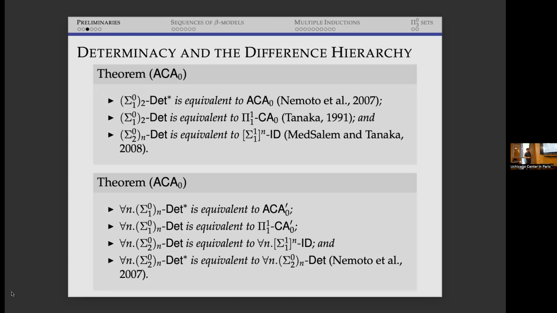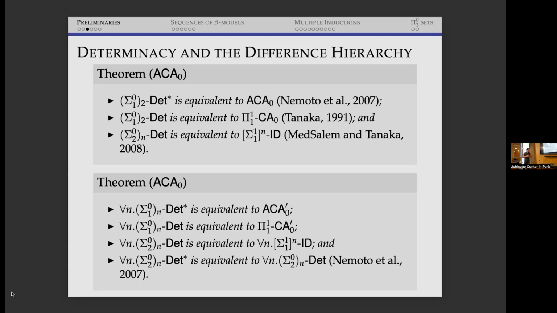But if you put the quantifier, it's going to be a little bit over. So you get that for all finite differences of open sets in the Cantor space is going to be equivalent to ACA prime. So you can take unboundedly many Turing jumps or things like that, and it should hold. You do get the same for open sets and Pi11CA, that you get a Pi11CA prime.